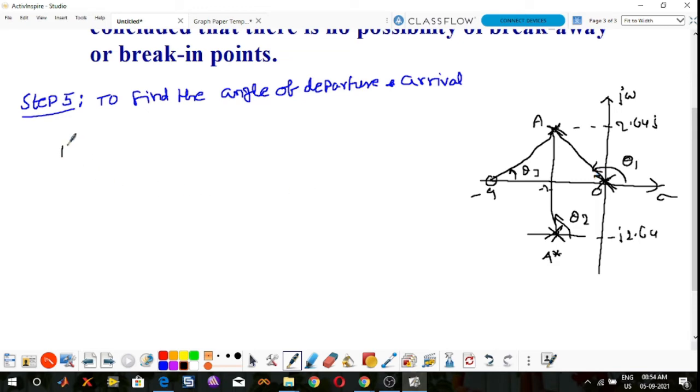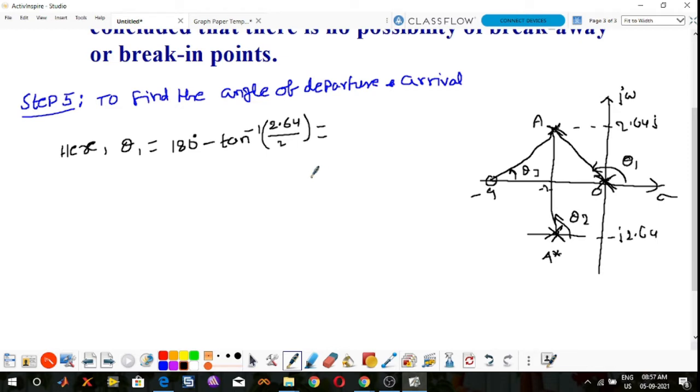So from this figure, the angle theta 1 is equal to 180 degrees minus tan inverse of the opposite side, 2.64, divided by the adjacent side, 2.